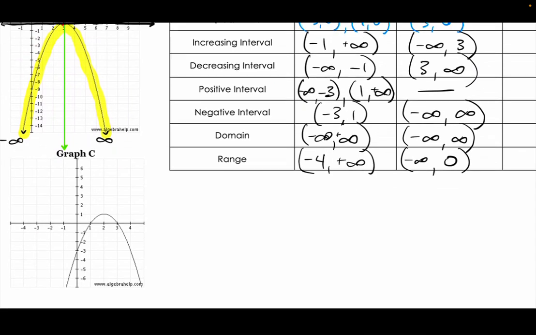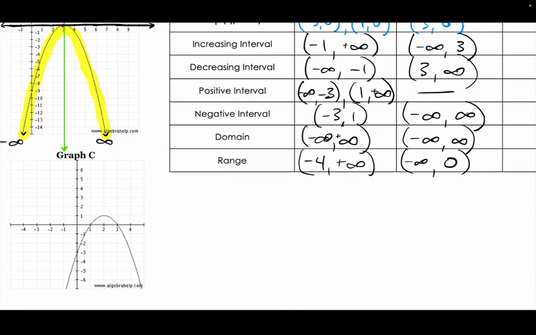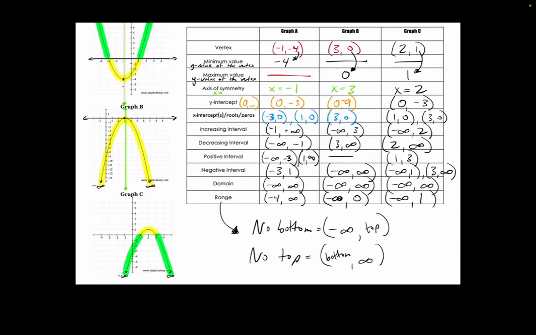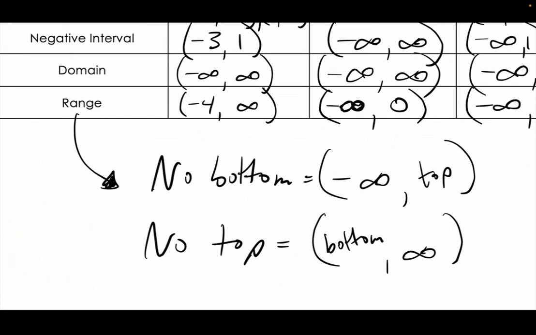I'll give you a little hint. The range, let me see, why did I write it last period? I wrote it better last period. If there's no bottom, it's always going to start negative infinity to the top. If there is no top, it's going to be bottom to positive infinity.